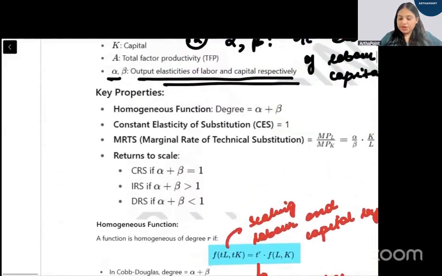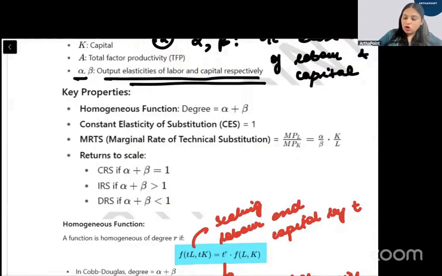This is the property that we have written, that the degree of homogeneity of this Cobb-Douglas production function is alpha plus beta. Okay. Now, no, you cannot have different coefficients of labor and capital. You need to scale the inputs by the same factor, right? So you can either double both the inputs or triple both the inputs. This is not possible.